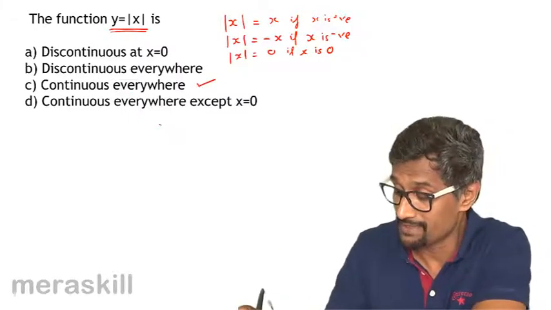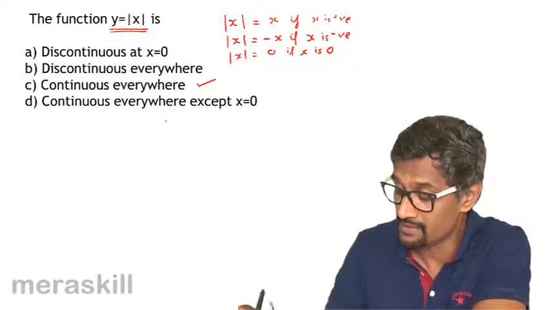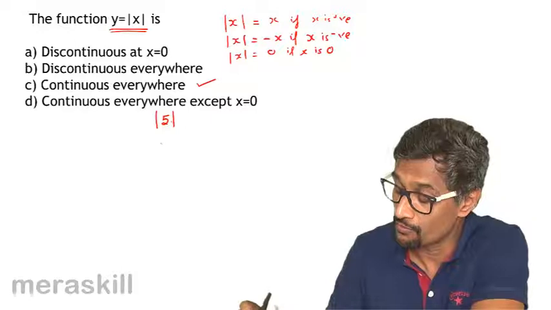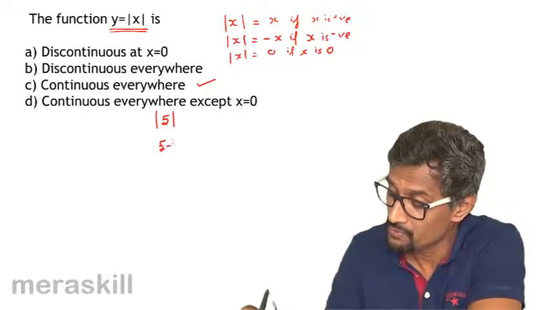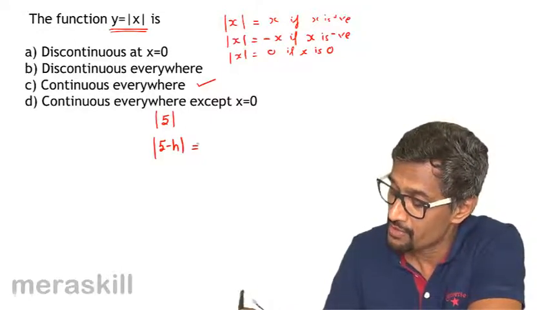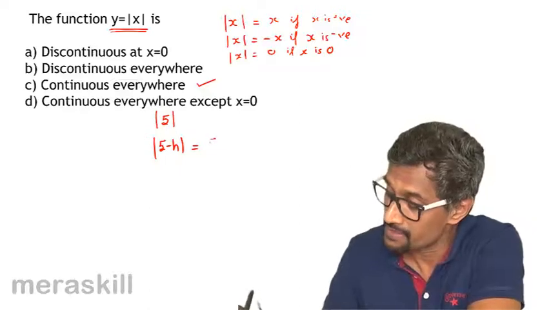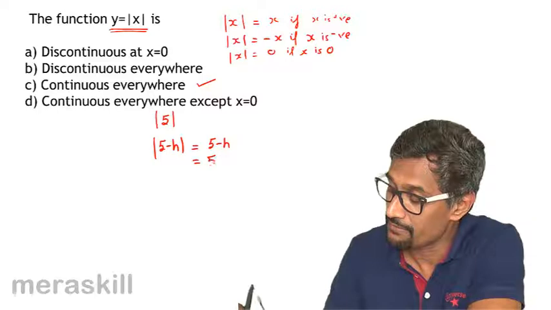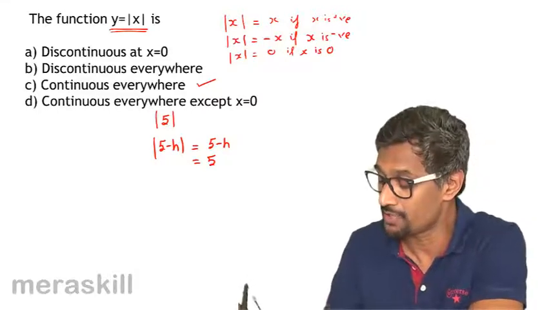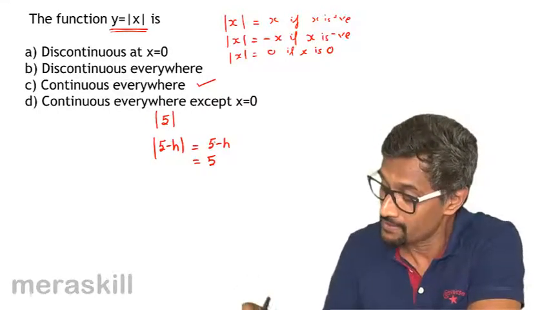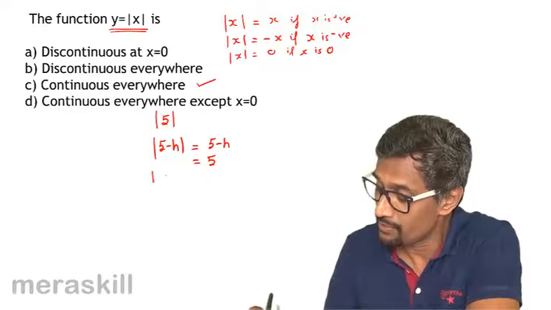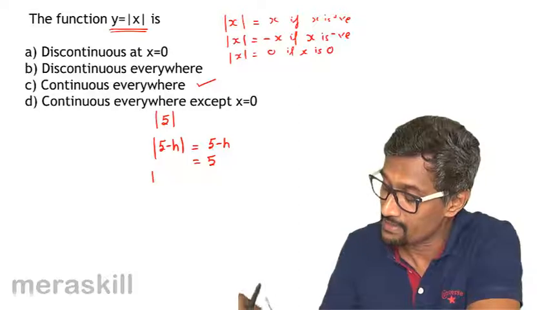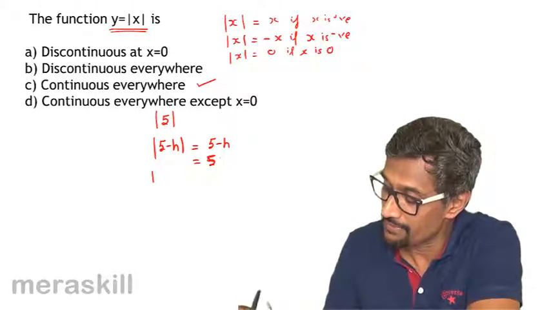So if you take, for example, x as any value, say 5, absolute value of 5. So if you take absolute value of 5 minus h, if it's positive, it is going to be just 5 minus h. You can take h as 0 and you get 5. So any value of h you take, the absolute value of 5 minus h is positive, so accordingly you will change it to 5 minus h.